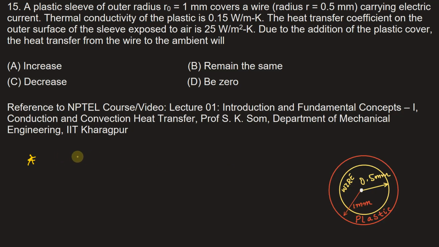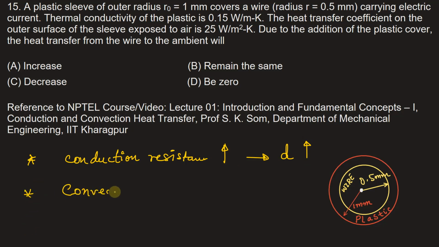The conduction resistance increases because there is an increase in the radius, because the total diameter has increased. And the second effect is the convection resistance will decrease because the surface area of heat flow has increased, right?